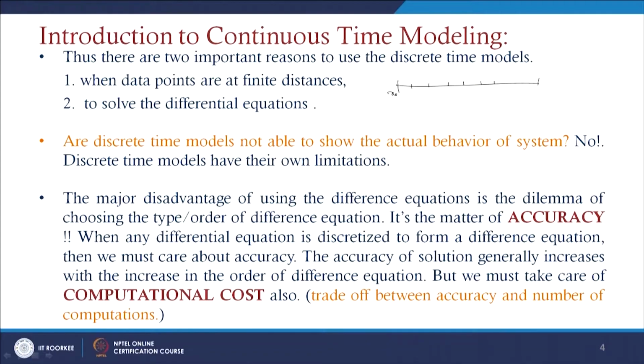Suppose the points start at x0, then x1, x2, x3, x4, all placed at equal distances. Then we can denote xi as xi minus 1 plus h, or we can write xi equals x0 plus ih.